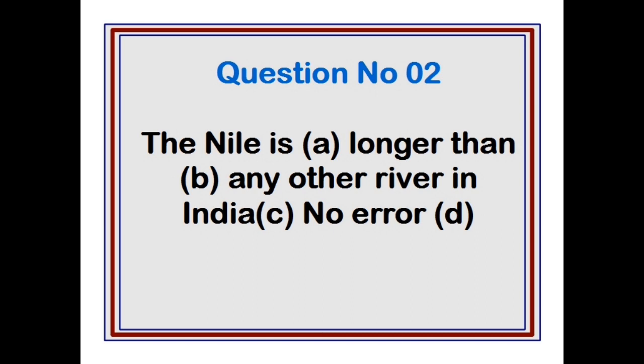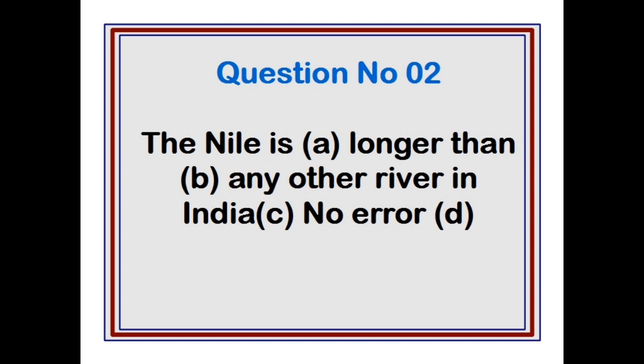Why is this any other introduced? It is introduced to show that he, a particular person, is compared with more than one person, or the rest of the persons. Similarly, when we compare the Nile with other rivers, then we should use any other river.